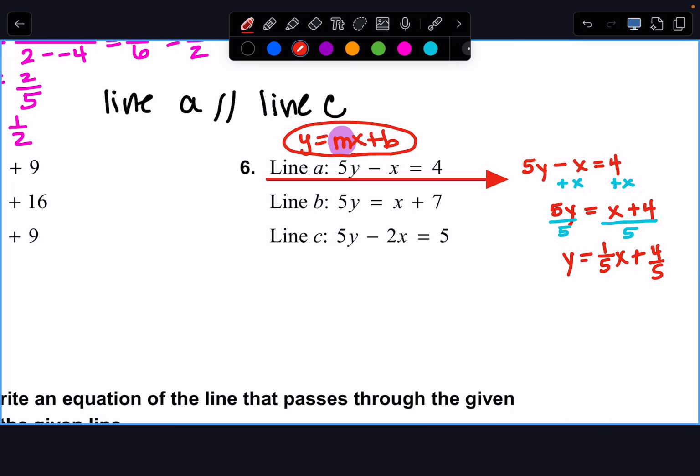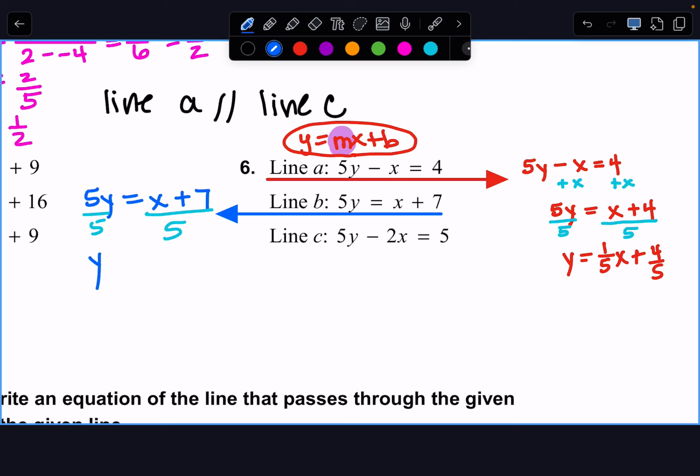Ooh, line B doesn't look as bad, does it? Let's talk about line B. We have 5y equals x plus 7. That's not bad because what's the only thing we have to do? The only thing we have to do is divide by 5. Okay?